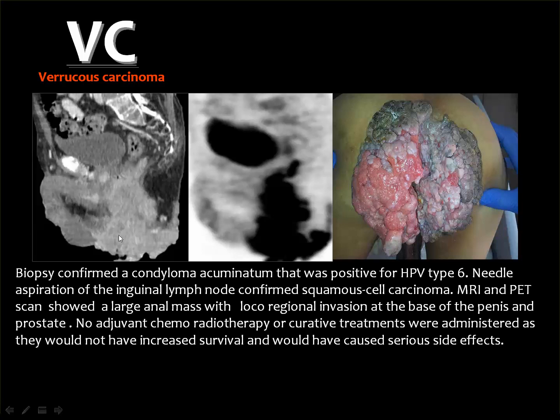You can also see the extent of the tumor on the PET scan. According to the literature, no adjuvant chemo or radiotherapy or curative treatment was administered, as they would not have increased the survival and would have caused serious side effects.